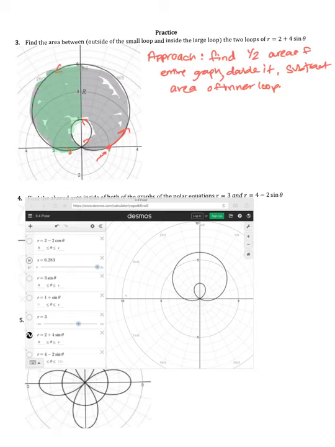Or an even better approach might be to find the whole area on this half, including that inner loop, double that, which would give me the whole area of the entire thing, and then subtract out the area of that loop on the inside. So what I need to do first is figure out where this portion starts and stops. I need to figure out what those two bounds are, and how do I go about doing that?